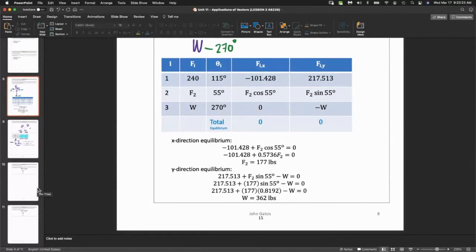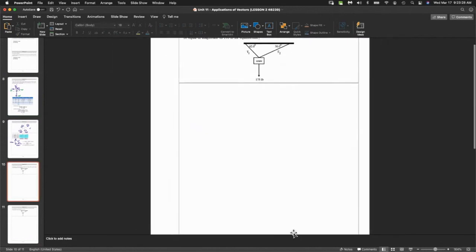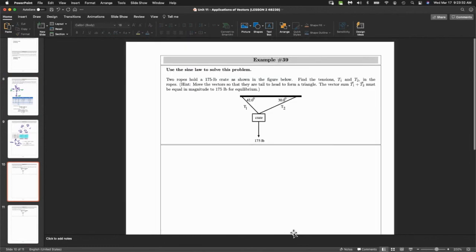to another question now, where we're going to treat the problem two different ways. So in this question, we'll use the sine law. And this question actually is the same question that we saw in the fall when we were talking about trigonometry. So we're going to try to solve for the tension T1 and the tension T2 for this system, which is in equilibrium.